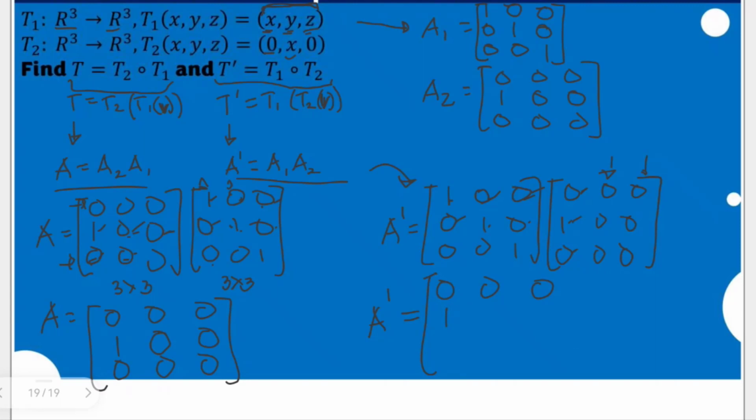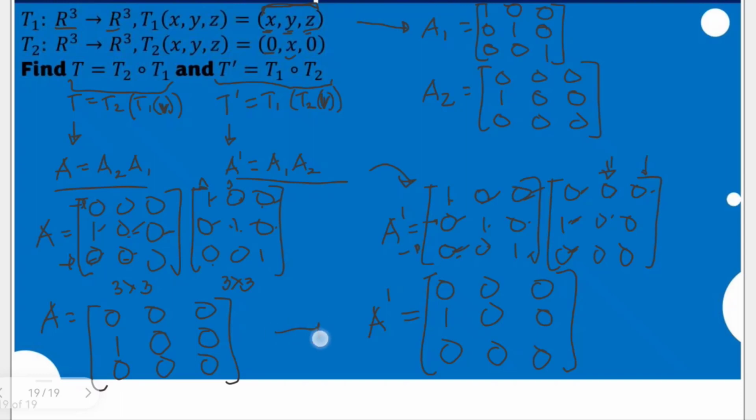This row multiplied by all zeros is 0, as well as the third column of zeros. 0 times 0, 0 times 1, 1 times 0, all 0. So the standard matrix for the composition of the linear transformation denoted by T prime, here A prime, is also this matrix here.